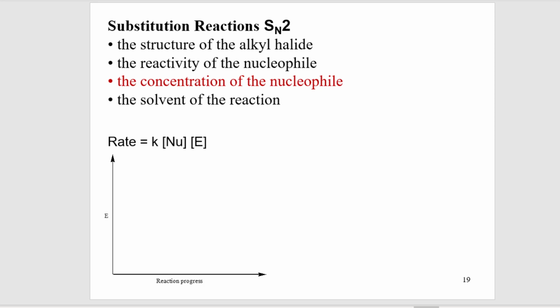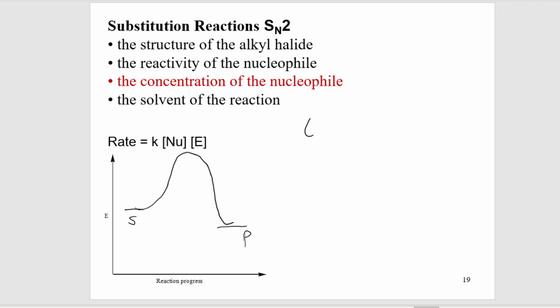Okay, next, the concentration of the nucleophile. As we mentioned, this reaction is concerted, starting material, product. There's only a transition state. The rate equation for this reaction is written as k, the rate constant, times the concentration of the nucleophile times the concentration of the electrophile.